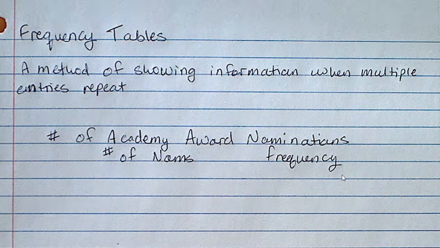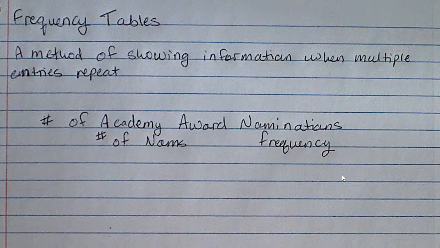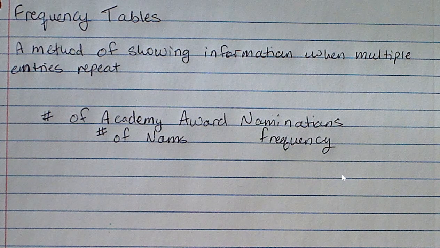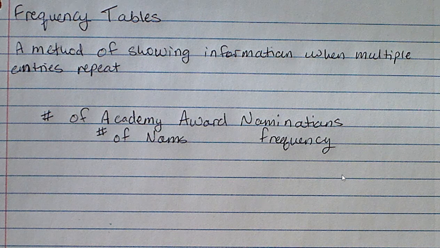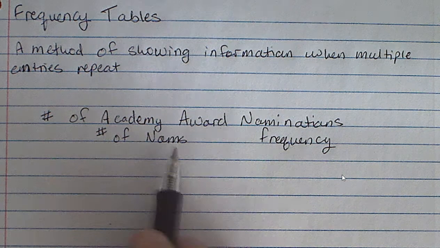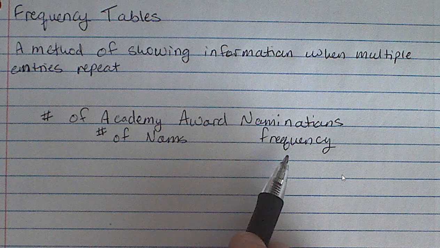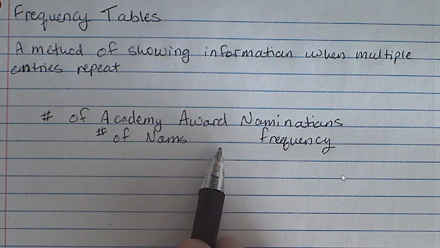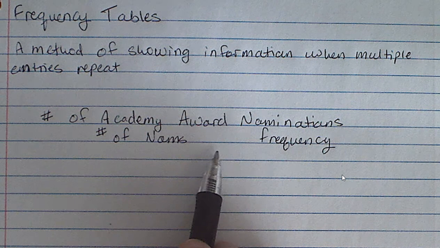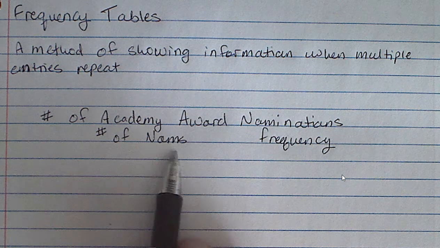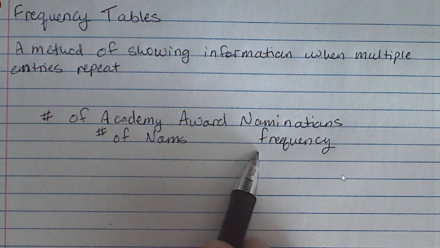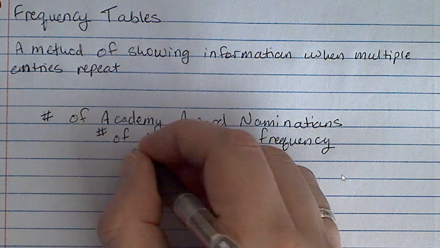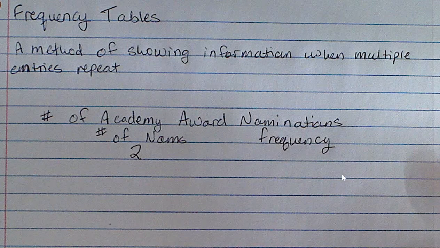So what would happen is if I were to list these out, I would have a super long list with a bunch of numbers that occur often. So like there's a bunch of movies that have been nominated twice. And so rather than listing 2, 2, 2, 2, 2, 2, 2, I would just list that there's a bunch of movies that were nominated twice, and then how many of them were nominated twice.